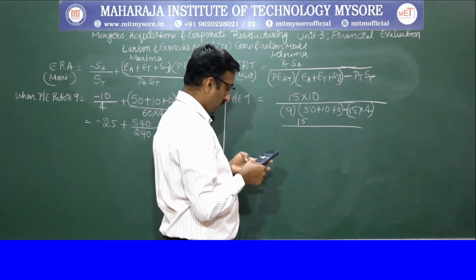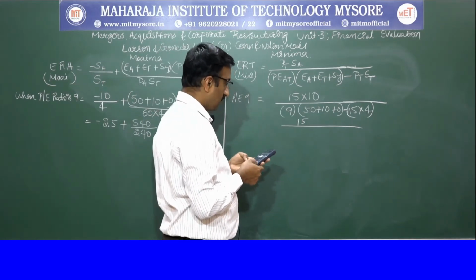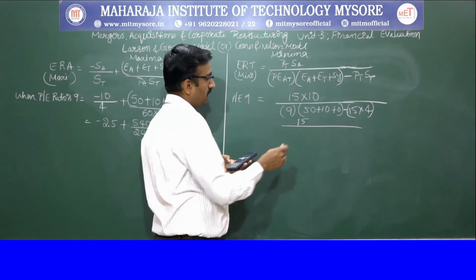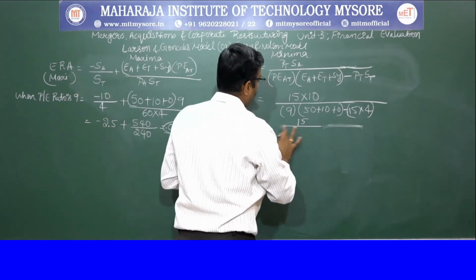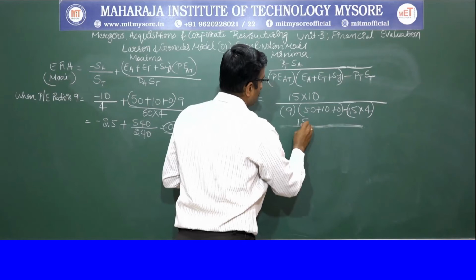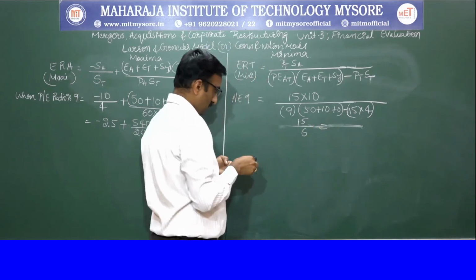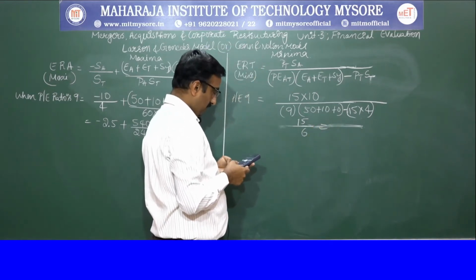So 540 minus 60, if you do, you will get 480.